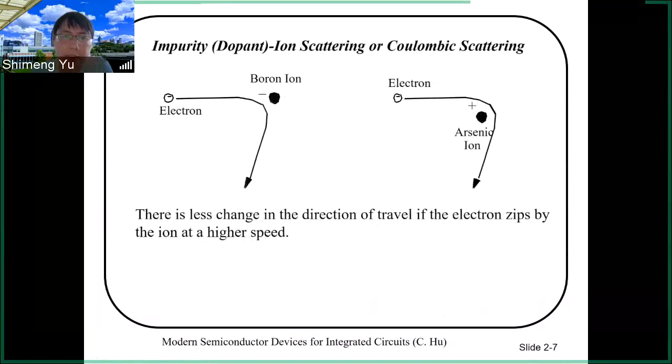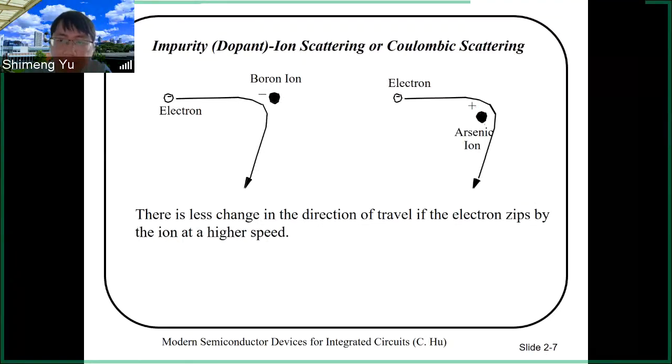And then let's look at the causes for the degradation of the mobility. That is the scattering by the dopant. For example, in the n-type doping, you have arsenic as the donor. As we discussed, the donor gives out one electron, but the system is charge neutral. So the donor nucleus will carry positive charge.